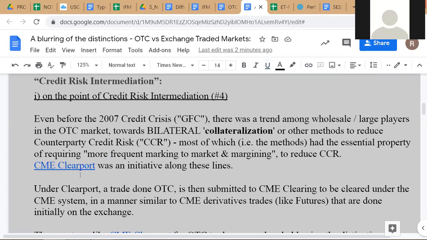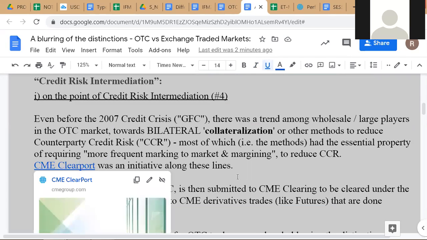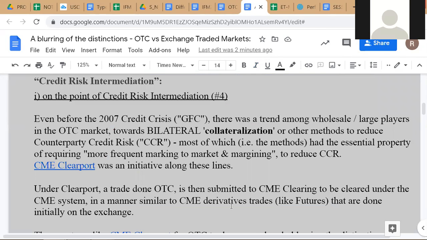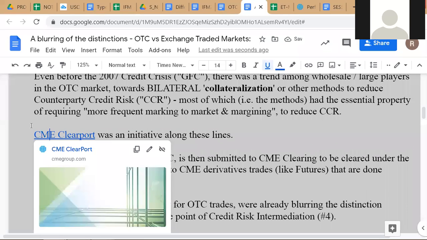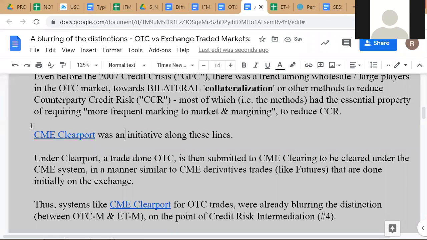So CME Clearport was one example, which is basically, I don't think it's actually accurate to say that this thing which I've written is right. I think I'm going to rewrite this.